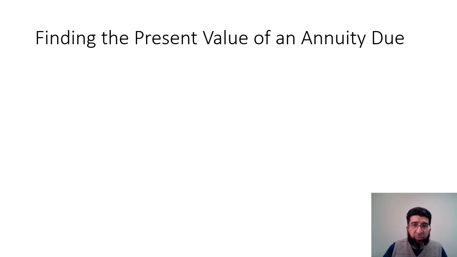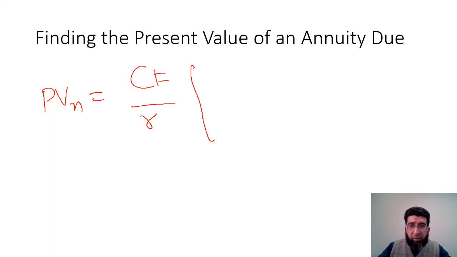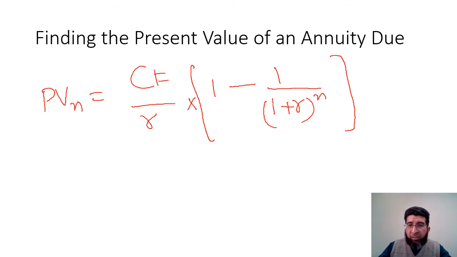Now let's look at the present value of annuity due. It is the same formula that we use for present value of annuity: cash flow over R times (1 minus 1 over (1 plus R) to the power n). Remember, when there is a division, there is a present value.